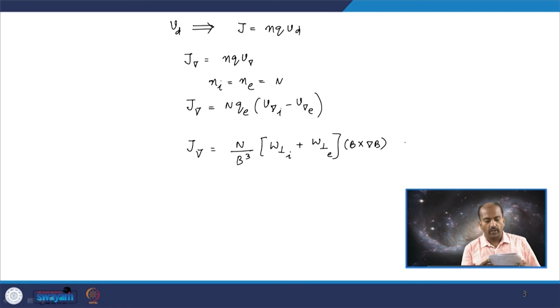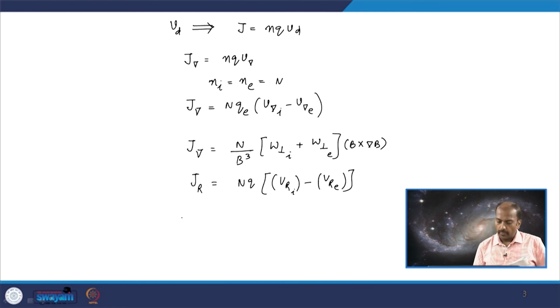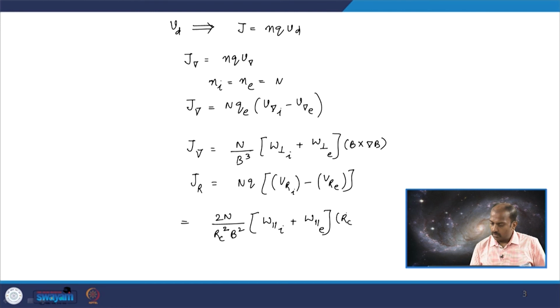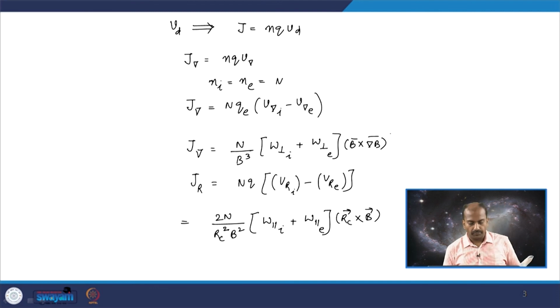So, similarly, we can also write the current density due to the curvature term as N Q V R I minus V R E, which equals 2 N by RC square B square, W parallel ion plus W parallel electron times RC cross B. What is this?